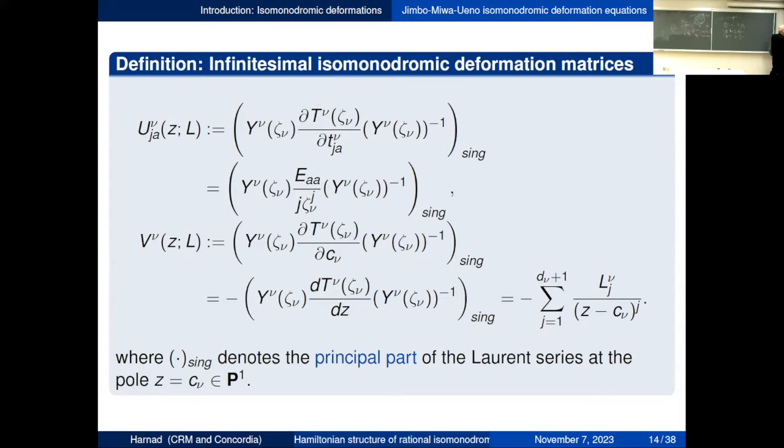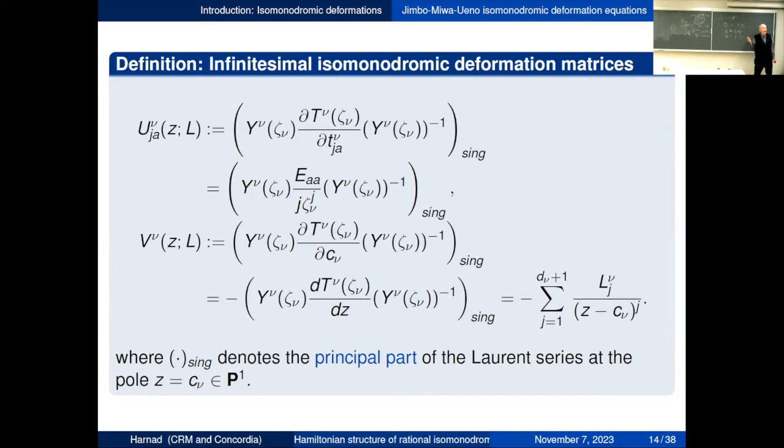Define this: the conjugation of the derivative of T, the exponential part, by the, say, holomorphic part. That's diagonal. And also define for each pole this similar object where we're differentiating the spectral location of the pole. That is going to be our infinitesimal isomonodromic information matrices.